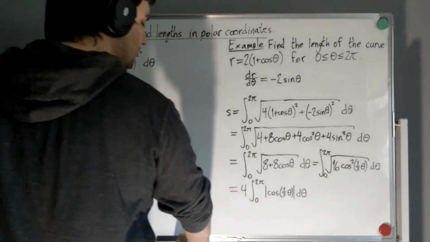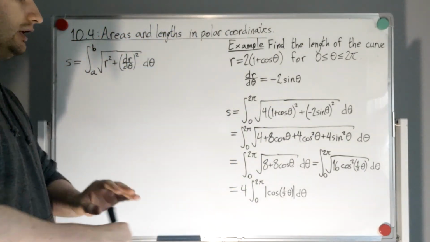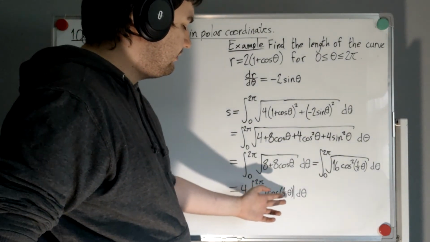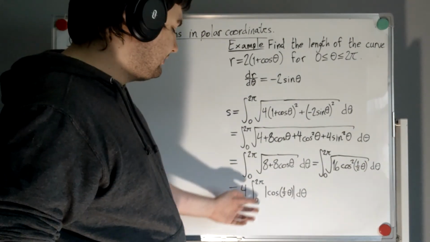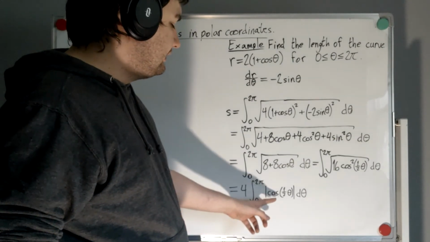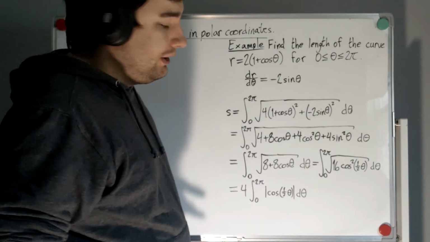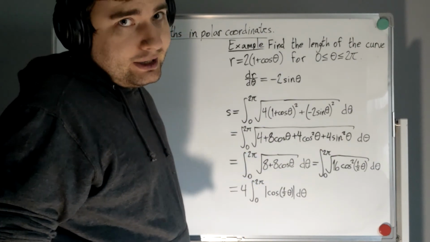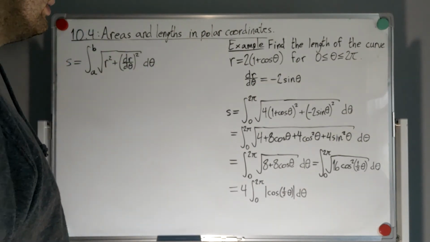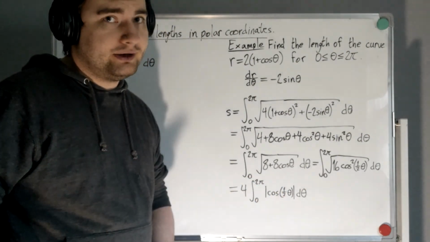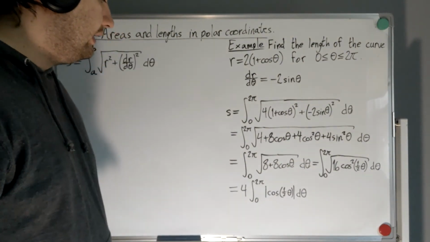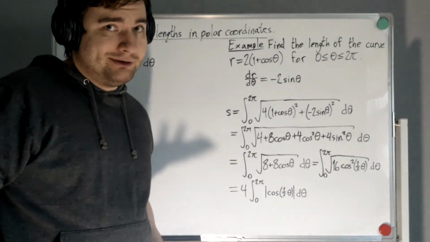Right, so now, what do we do with this? Well, we have to think about when cosine of 1/2 theta is positive, then the absolute value is just the original function and then fine. But when it's negative, now it's actually the negative of its own value. So we need to think about where cosine of 1/2 theta is positive and where it is negative. Okay, well, cosine of 1/2 theta is going to be positive between 0 and pi.